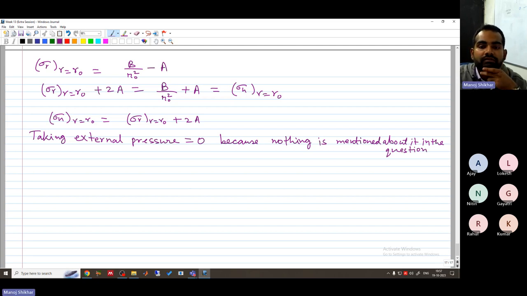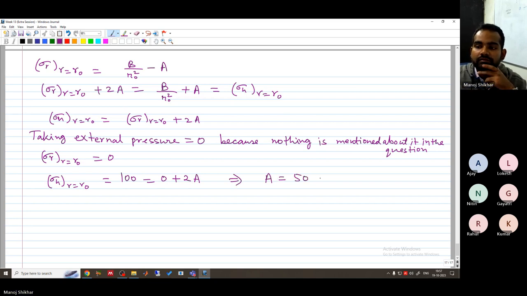This means that sigma r at r equal to r0 equals 0. So we get sigma h at r equal to r0 equal to 100 equal to 0 plus 2a. So from here we get a equal to 50 Newton per mm square.